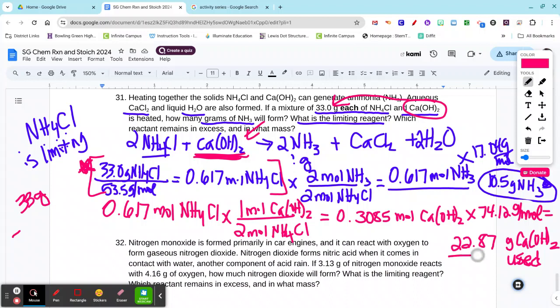And I just figured out that I used 22.87. And I'm going to subtract that. So when I subtract how much I used from how much I started with, I get 0.1 grams, and that is my excess.